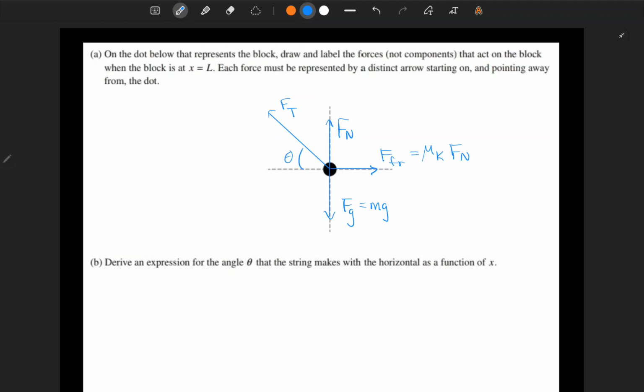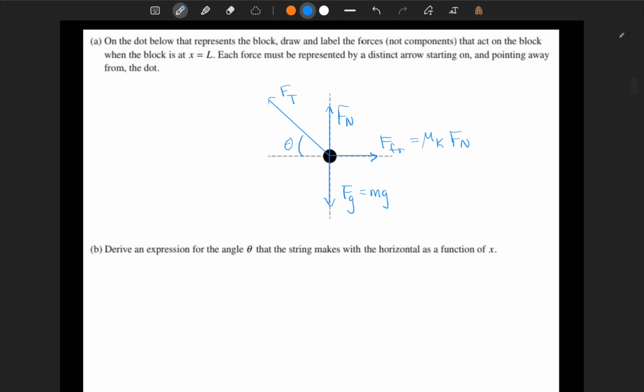Finally, students have 1 point allotted to them for having the tension force, which points diagonally upward here, correct. Any extra vectors or forces on this diagram allows a student to earn at most 2 points. So students lose at least 1 point if they have any additional vectors other than those labeled here.